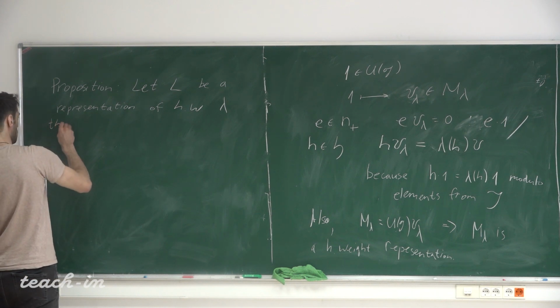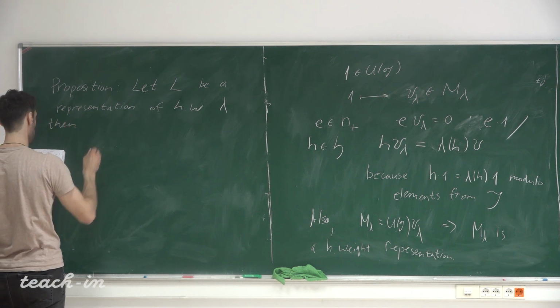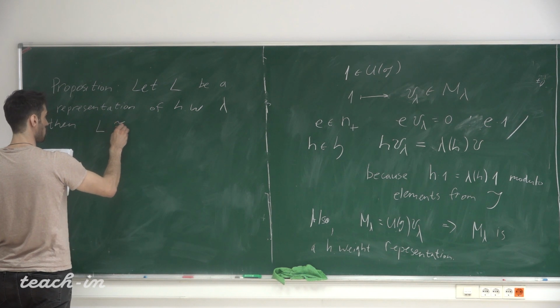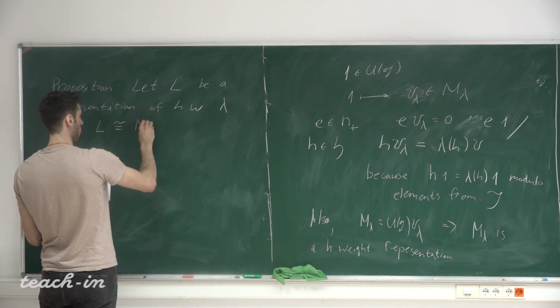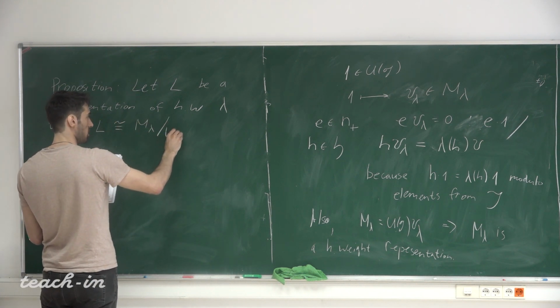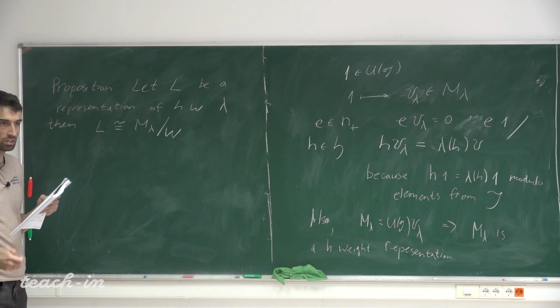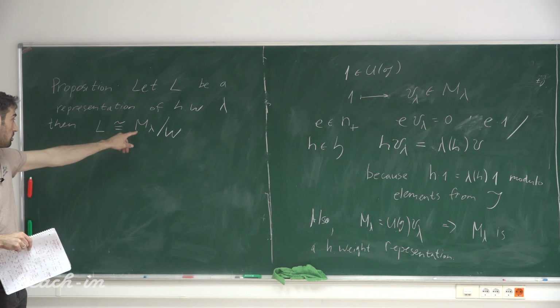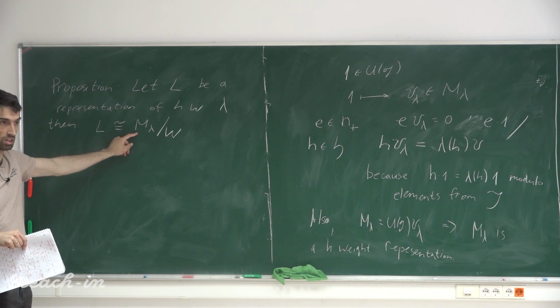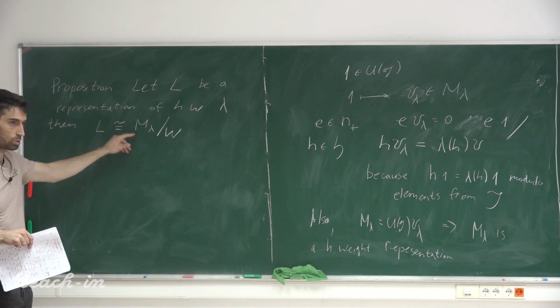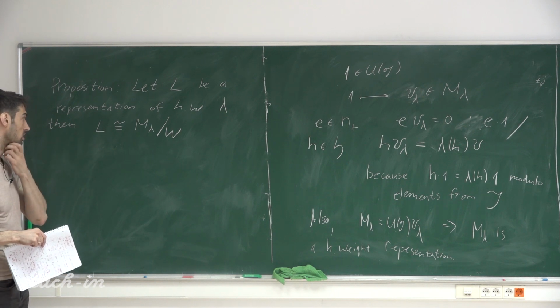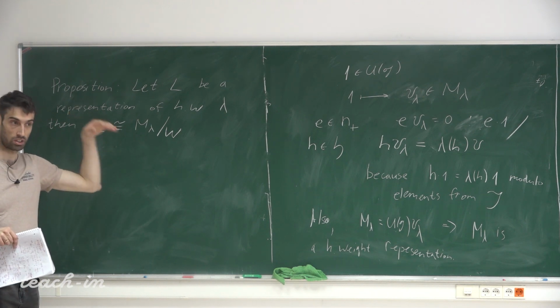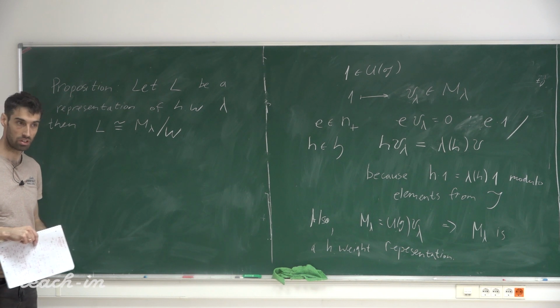Then I claim that L is actually a quotient of a Verma module by some submodule. So this is some universal property of Verma modules, that you always have a surjective homomorphism from the Verma module to any highest weight vector module.